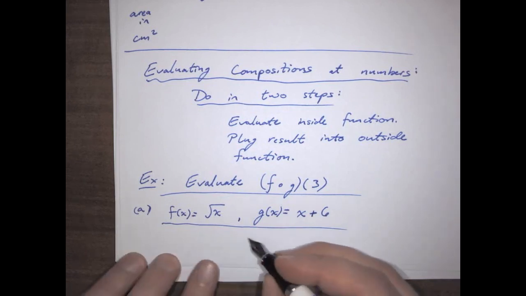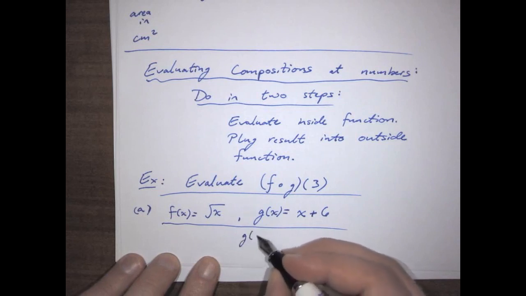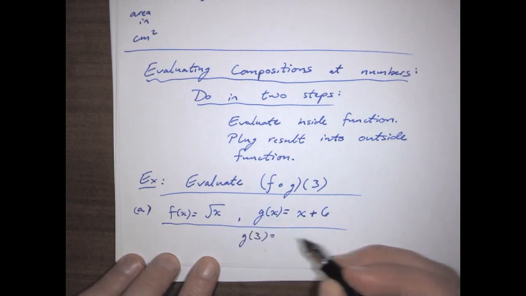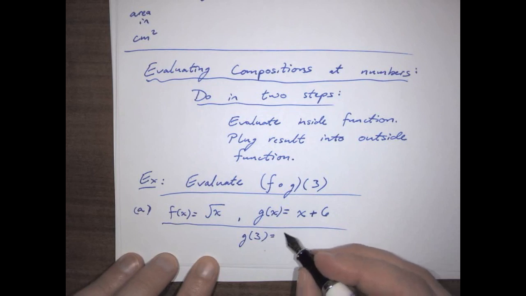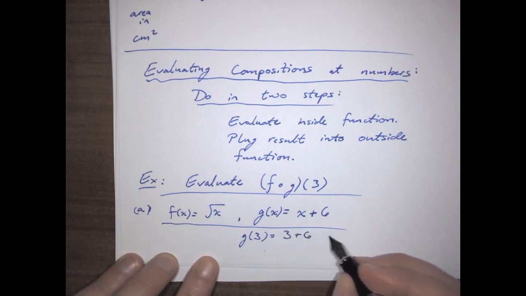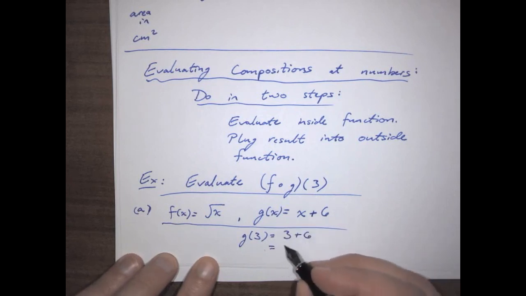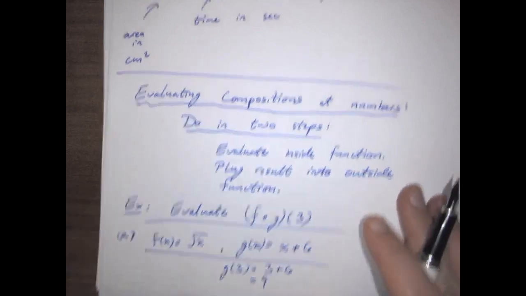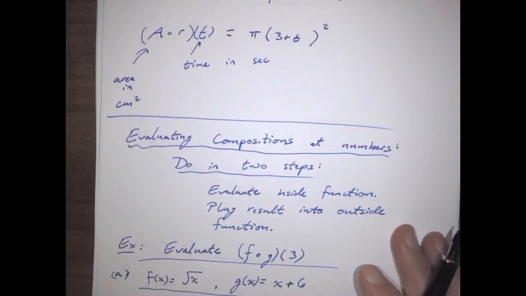So, step 1, g of 3. Well, it's going to be 3 plus 6, which equals 9. Step 2 is going to be f of that.